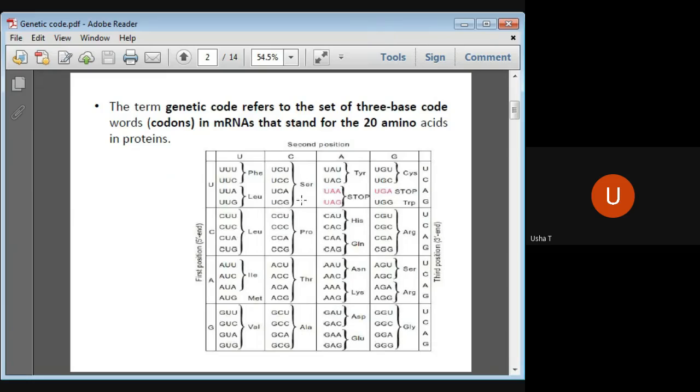At the same time, another code, UCU, codes for another amino acid, serine. So a set of three bases of the mRNA which code for a particular amino acid is called a codon, and a set of all these codons put together is what we call the genetic code.